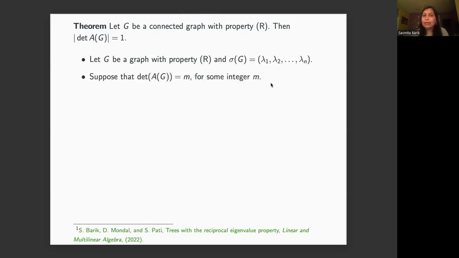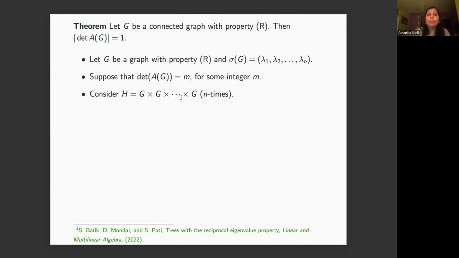Now suppose the determinant is not 1 or -1. Because your matrix is an integer matrix, the determinant will be some integer, let's say m. Then you consider the direct product of G with itself n times: G cross G cross G, like this.